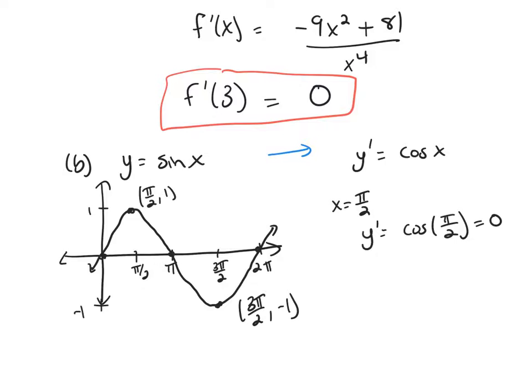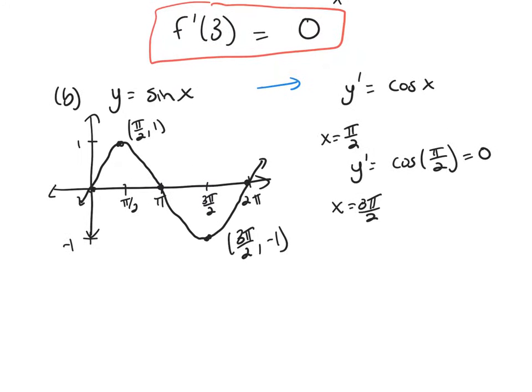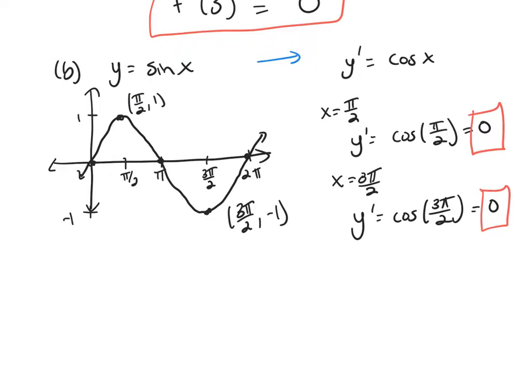And when x equals 3 pi over 2, our other relative extremum, y prime will be cosine of 3 pi over 2, which is also 0. So the derivative at both of my relative extrema is 0.